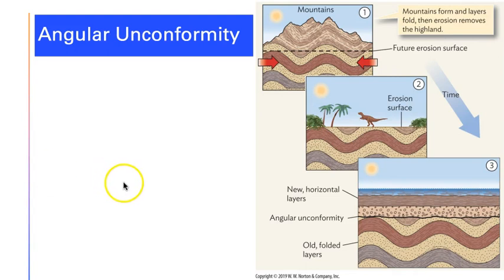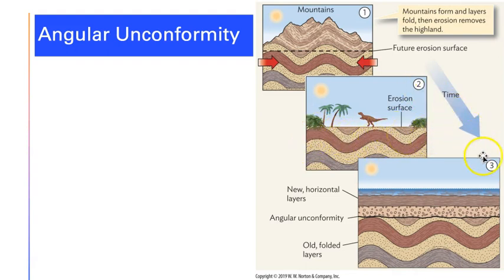An angular unconformity may form in this way. Step 1, mountains form and layers fold, then erosion removes the highlands. So erosion removes the higher elevated area, exposing the folded layers.